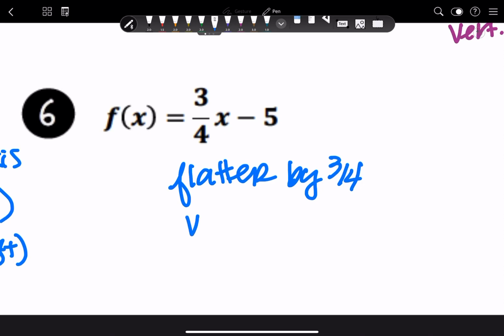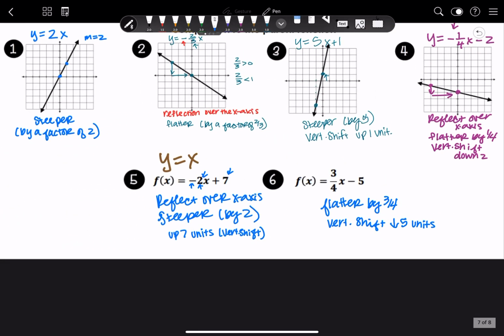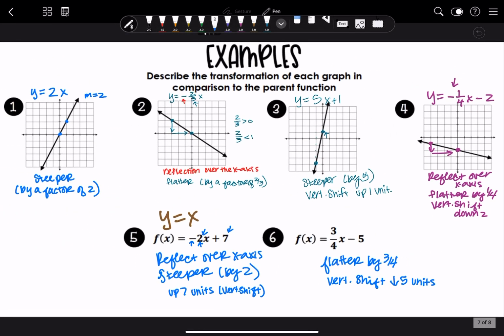And it's going to be a vertical shift down 5 units. So you can look at either the graph or the equation and tell me or anyone the transformations that have been applied to it. Don't overthink this. Yes, it's really this easy.